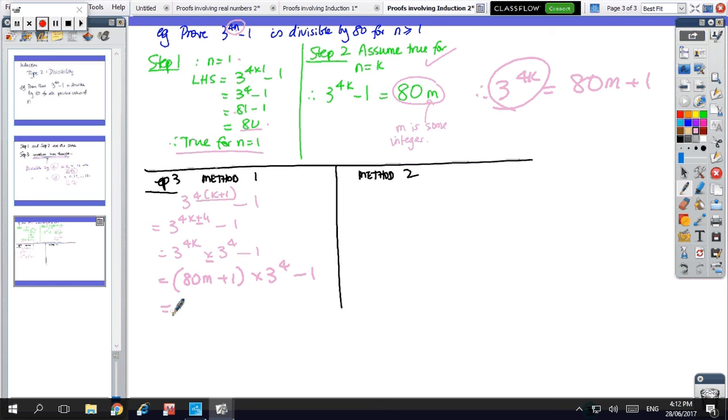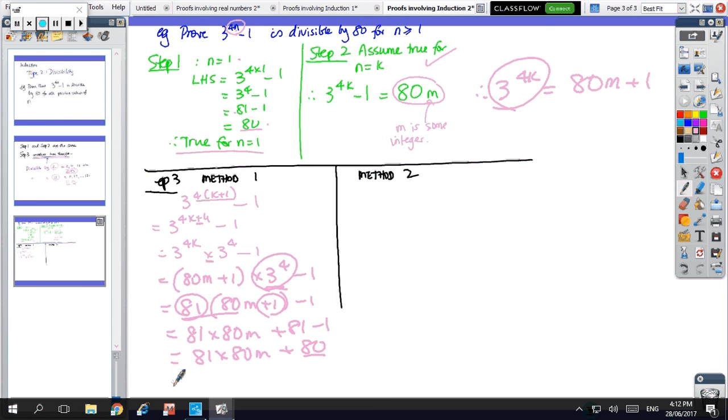So 3 to the 4 is 81. So that equals 81 times 80m plus 1, minus 1. Now I don't need to multiply that because that's going to be my factor. So 81 times 80m. Now 81 times 1 is 81, minus 1, equals 81 times 80m plus 80, and there's my 80 back again. So then I take out the factor 80, which appears in both terms. So I'm left with 81m plus 1.